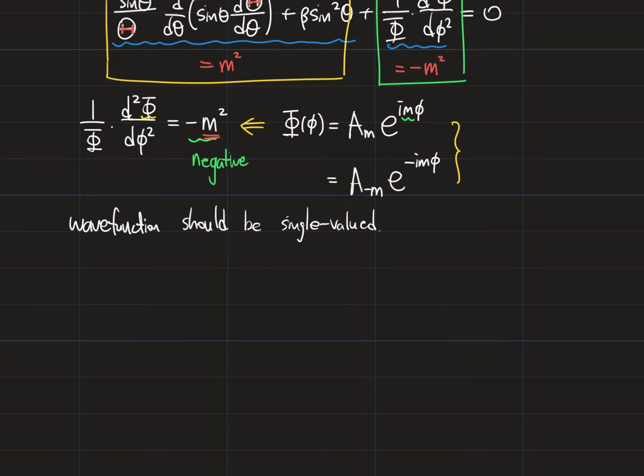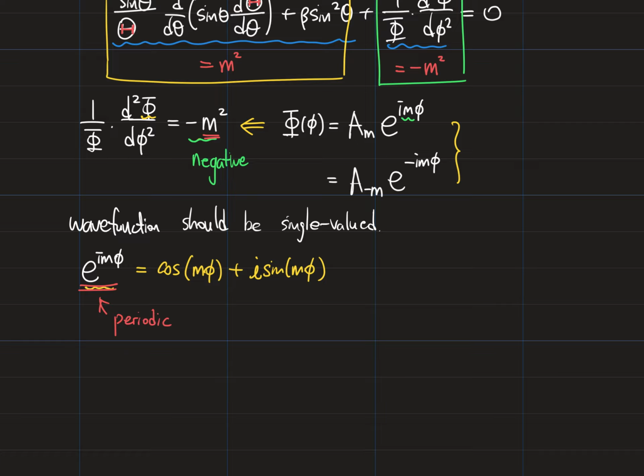And as you may notice, the exponential imp, according to Euler's formula, is simply cosine mp plus i sine mp. So that means the exponential imp is a periodic function, right?